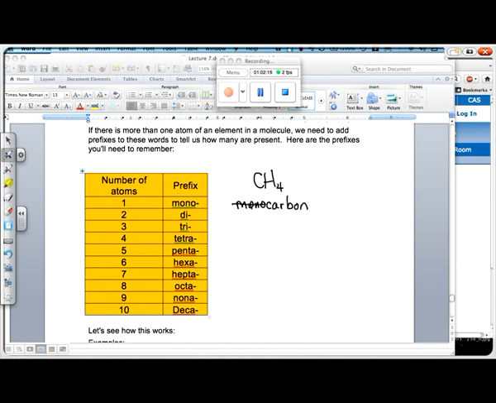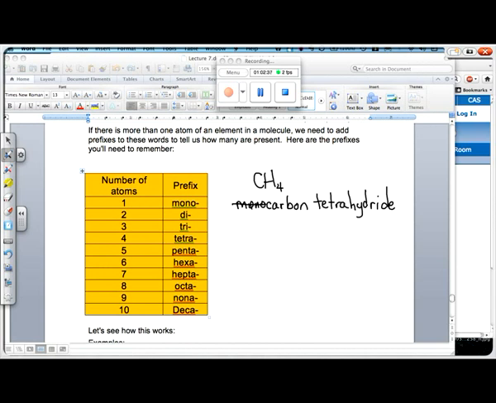Generally, I just say carbon. Carbon, our prefix for 4 is tetra, and then I do the same thing with the second element as before: I drop the ending and add the IDE. So carbon tetrahydride.